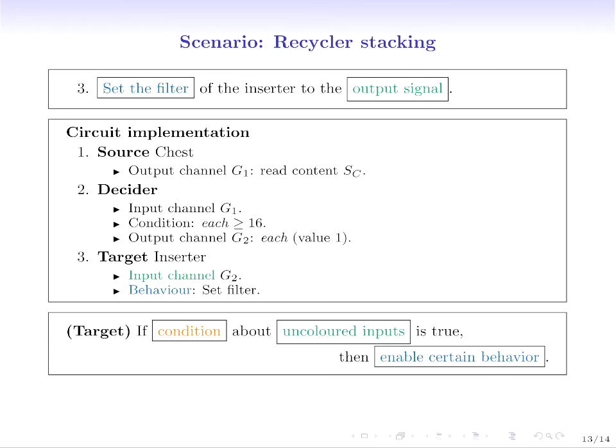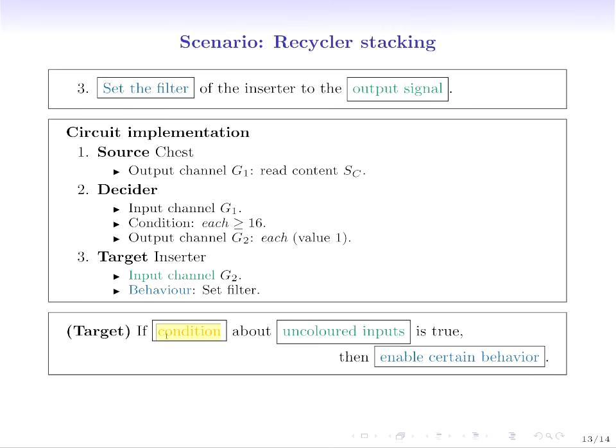And lastly, I need to set the filters of the inserter to an output signal. The inserter here will be a target. And remember, a target needs a condition, an input, and a behavior. The condition is hidden here because the set filter behavior takes in a signal, and if the input is greater or equal to 1, it will be part of the filter.